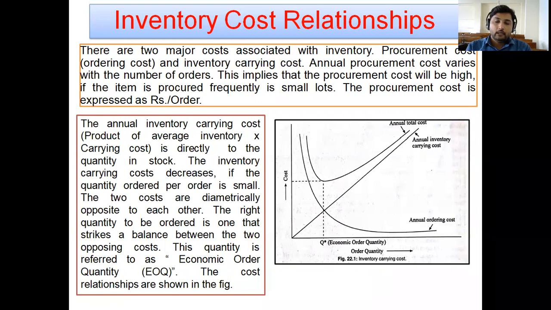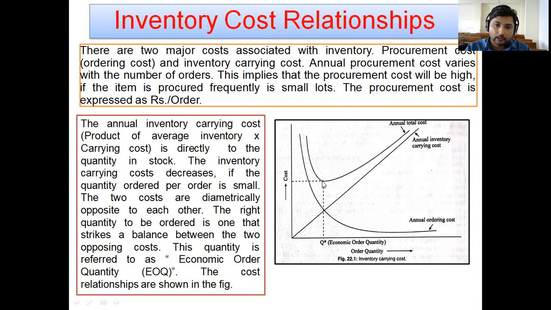The quantity at which your annual ordering cost gets minimum, and also the annual inventory carrying cost gets minimum. ये जो दो cost हैं, वो minimum रखने की कोशिश economical order quantity करता है. एक ऐसी quantity जो ordering cost भी minimum रखता है और annual inventory carrying cost भी minimum रखता है. सो इन दोनों का इफेक्ट क्या होता है, ये जो annual total cost है वो minimum रहता है.